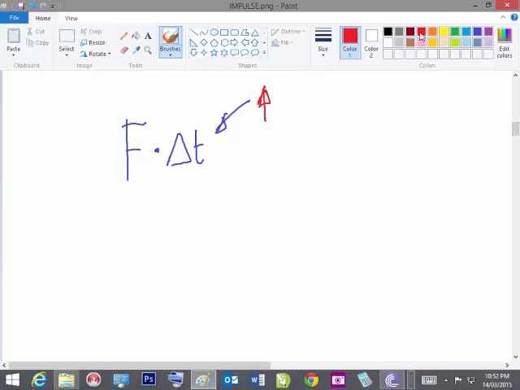But if the change in time is less, then the force felt by the object is going to be much greater.